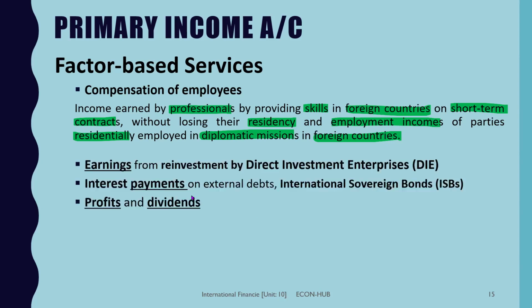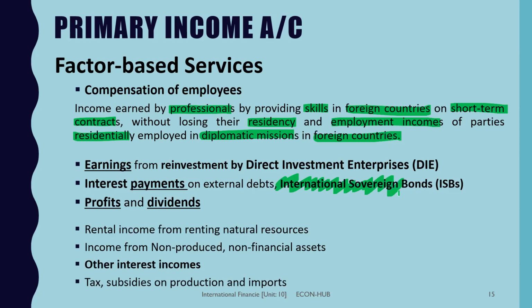What are the other items we have under primary income? Earnings from investments by direct investment enterprises, DIEs, and interest payments on external debt, especially ISBs, international sovereign bonds. Now, these are what we are not paying. We have defaulted, but the payments on these are recorded in this account.